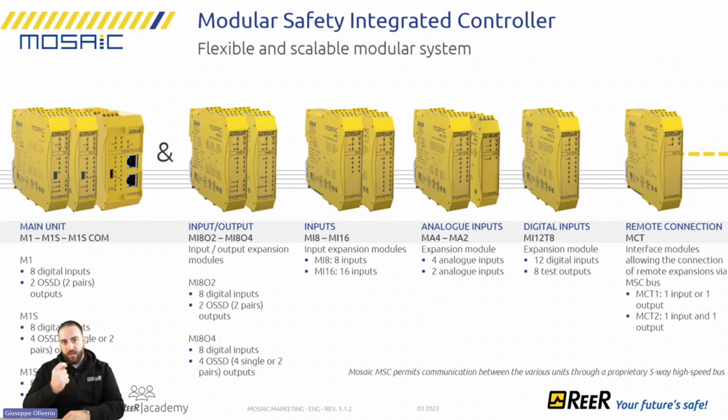So every time you have an electromechanical contact, like for example the emergency stop, and you want to reach the highest category level with the highest diagnostic coverage, you have to use the test output. But maybe, depending on the application, you have to add more expansions in order to manage these electromechanical contacts.